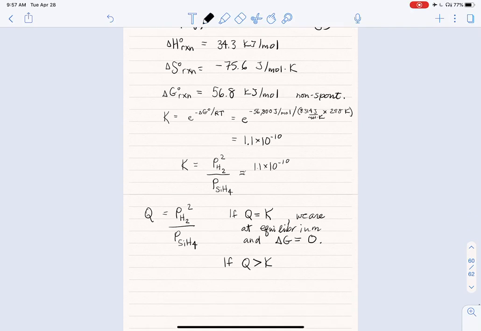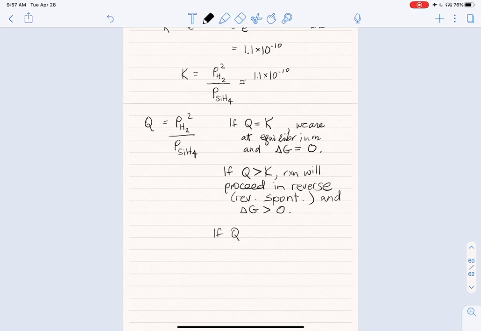So if Q is greater than K, the reaction will proceed in reverse because you have excess H2. We call that reverse spontaneous or non-spontaneous. That means that the delta G, not the delta G naught, but the delta G of the reaction, is positive.